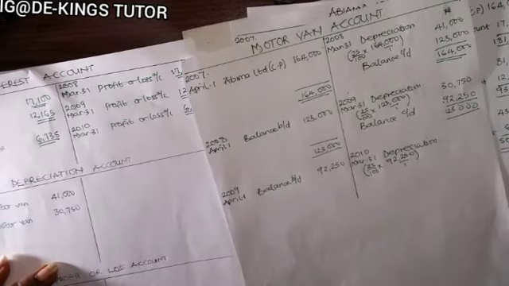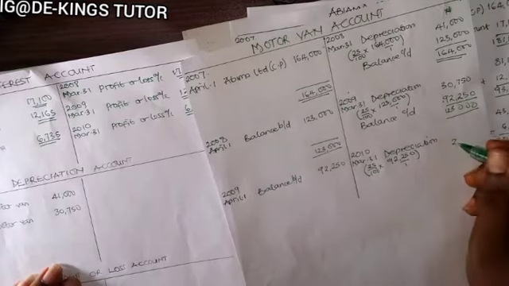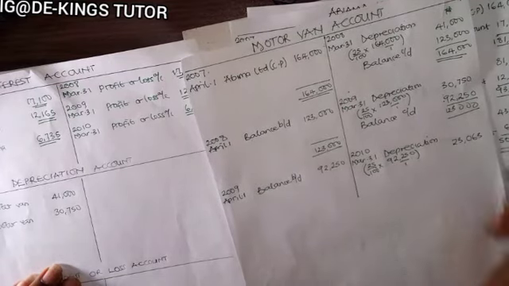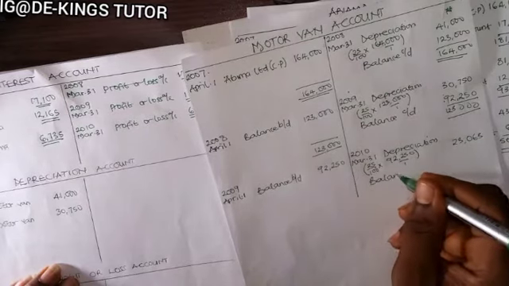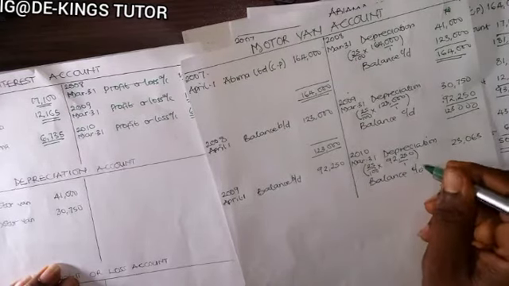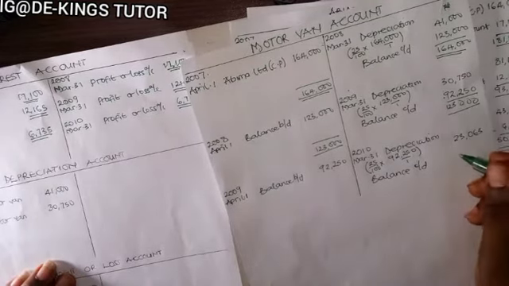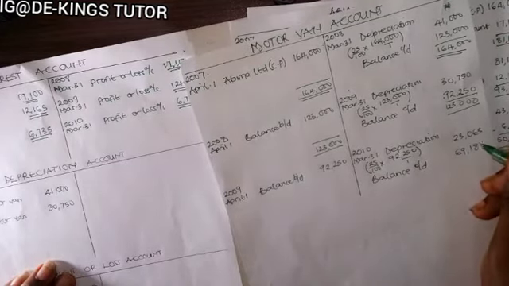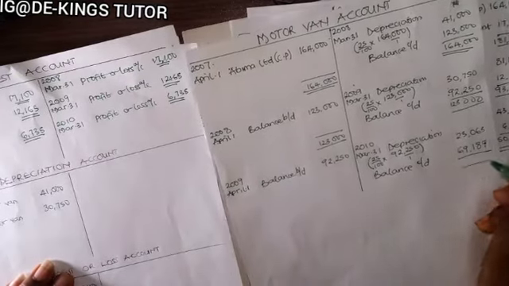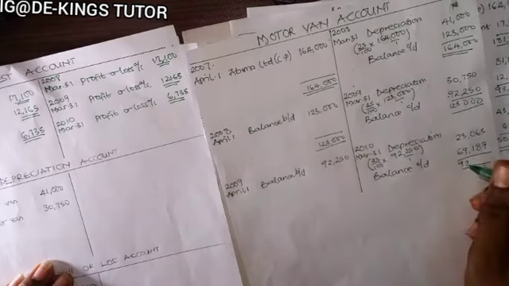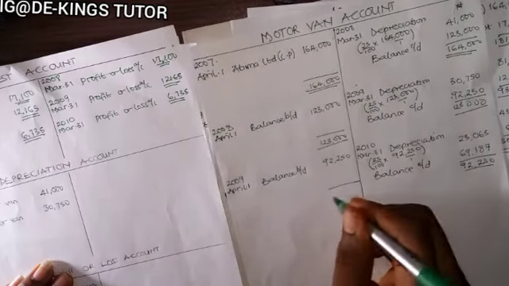Okay, so 25% on that will give us 23,063. So to get the balance carried down, it is this minus this. So it will be 69,187. So once we add it, it's supposed to give us 92,250.